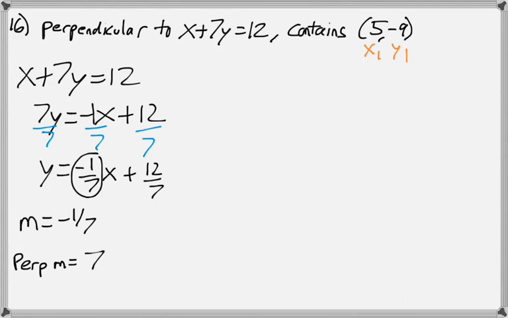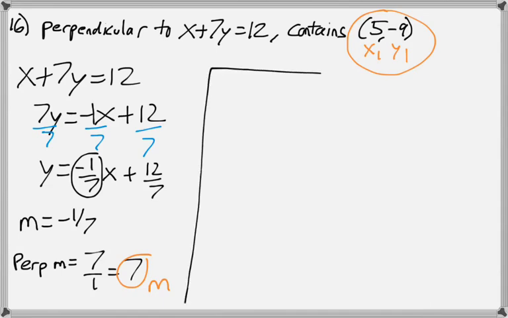So positive 7 is the negative reciprocal of negative 1/7. So now I have my slope, and I have my point. So all that work was really just to get the slope.